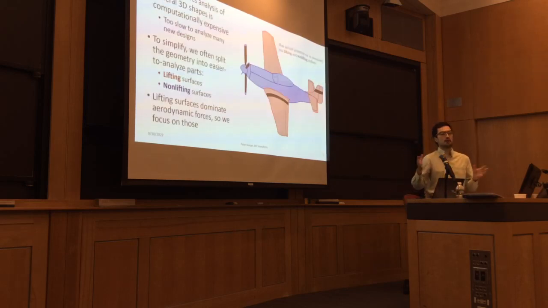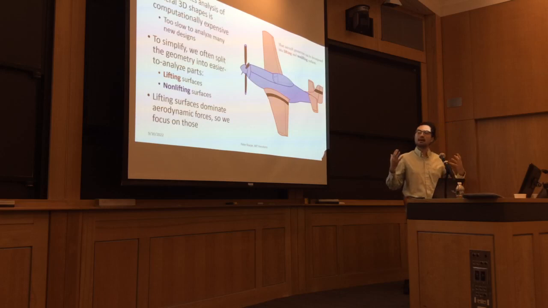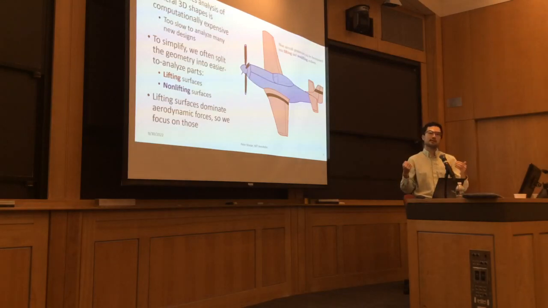So some background here. All right, so if we're trying to talk about the aerodynamics analysis that we might do, in general, if we're trying to do that on a three-dimensional state, that's very computationally expensive. We're talking thousands of computer hours on a single design. So that's way too slow to iterate on new designs that we might be considering. To simplify this, we do something that is common in many computational disciplines.